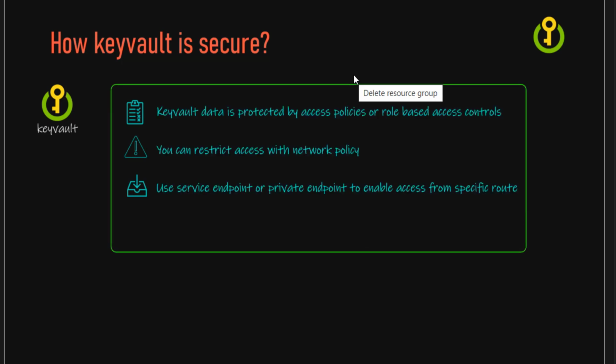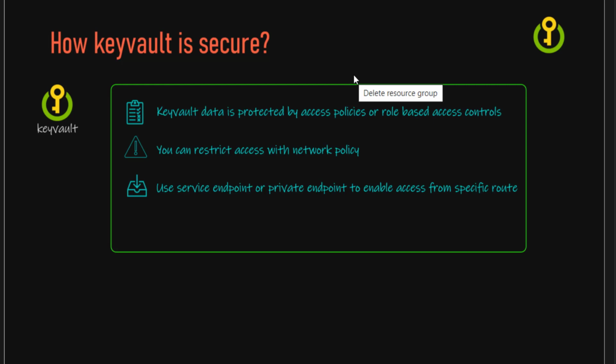So all data is protected by the access policies or the access control, which we are going to discuss in detail in this particular topic. Apart from this, you can also apply restrictions at the network level into the Keyvault service.